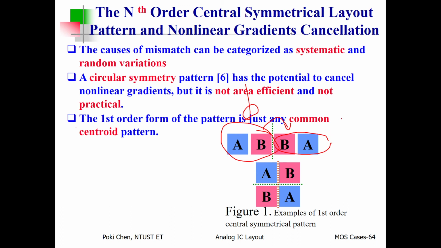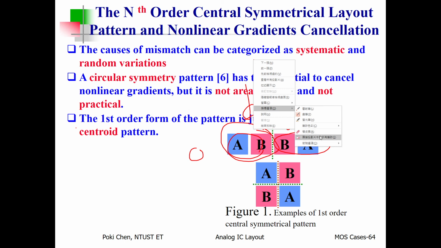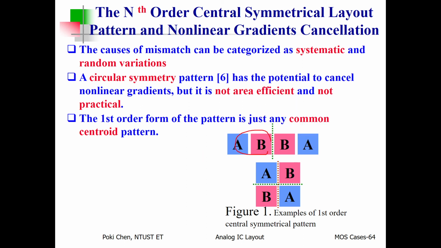If they are different, I promise you, you will increase the gradient cancellation by one order. Okay? So from the very beginning, they don't have common centroid. It means they have zero order gradient cancellation capability. How can you help them cancel the first order one? Okay, no worries. Just mirror the original pattern horizontally or vertically, but you need to apply symmetry or anti-symmetry. The only rule is to generate a new pattern different from the older one.